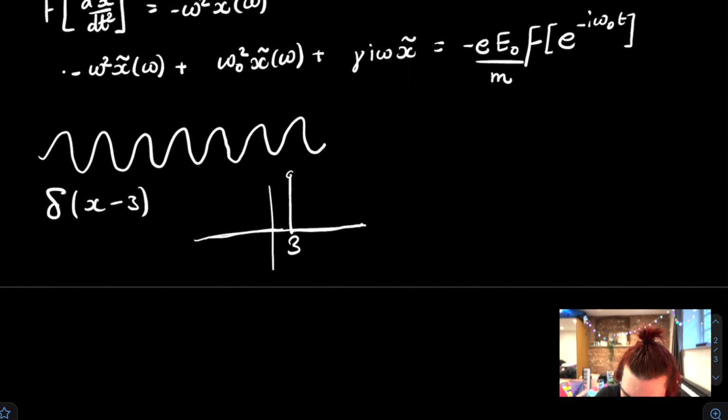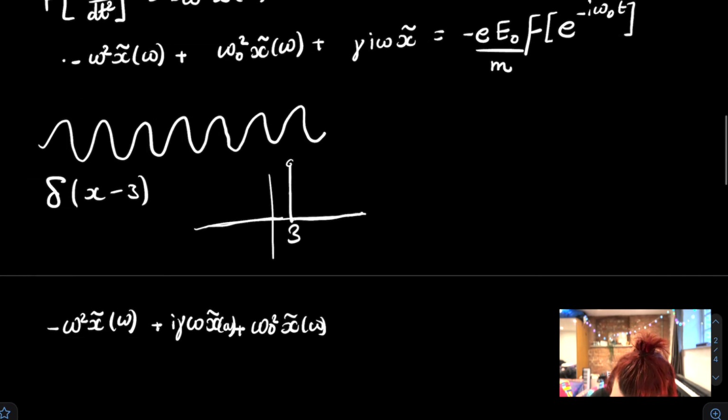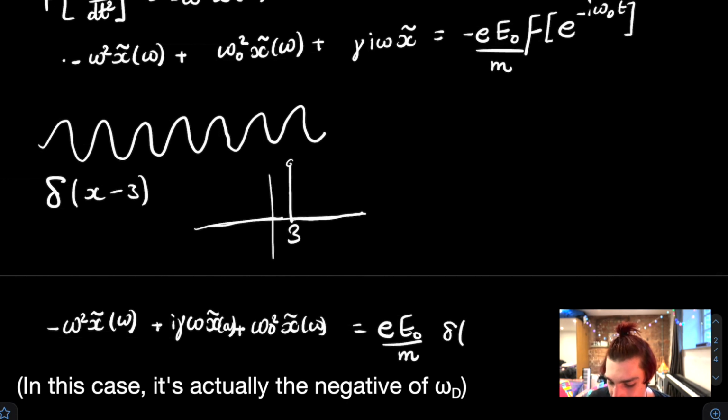So let's go ahead and write out our entire equation. So we've got, and that is equal to E naught divided by m multiplied by this delta function. So what's this delta function going to look like? Well, this delta function, of course, we said was going to spike at this one very particular frequency, which is our driving frequency right here.